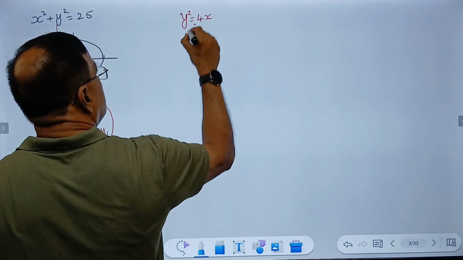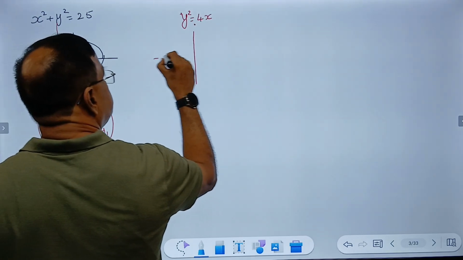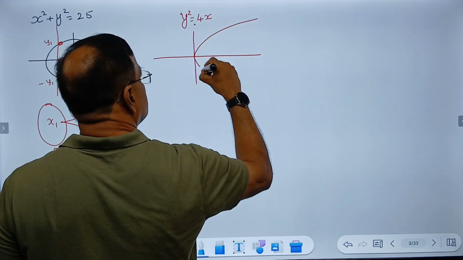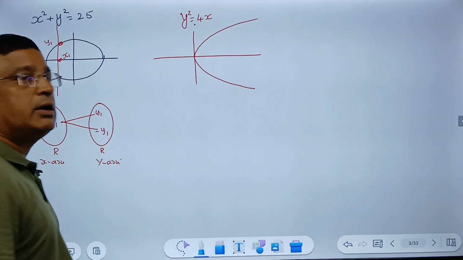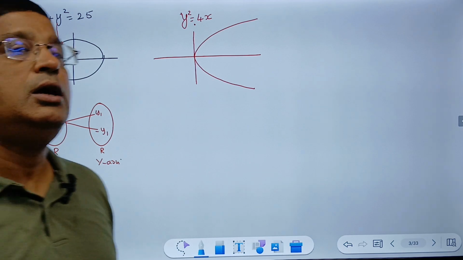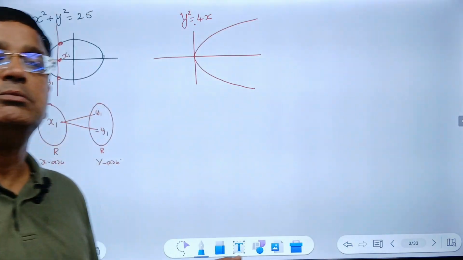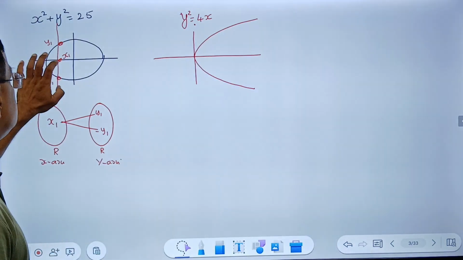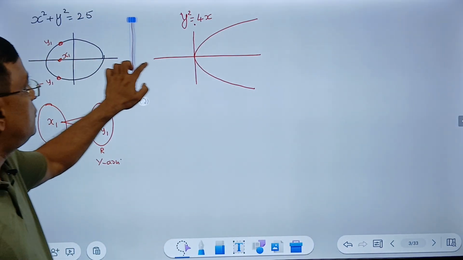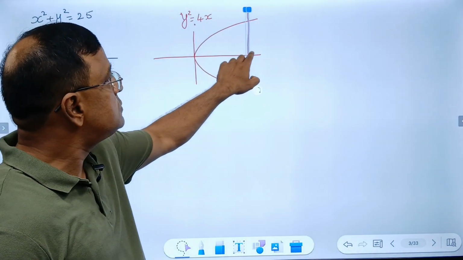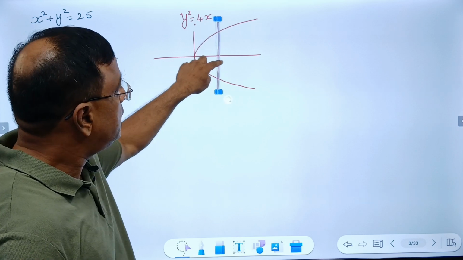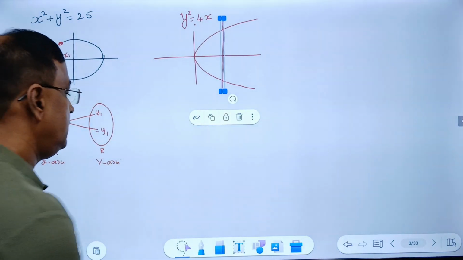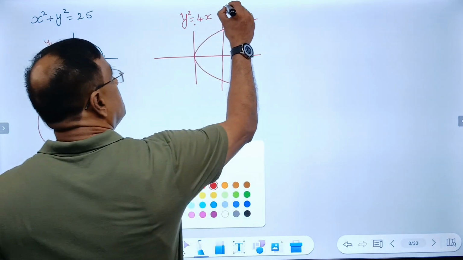You know y squared equal to 4x is a parabola with vertex at the origin and symmetric about the positive x-axis. Now what I will do, I'll take this vertical line and just move it. So what happens to the vertical line? At a given point, it intersects the curve at more than one point. Therefore, this is not a function.